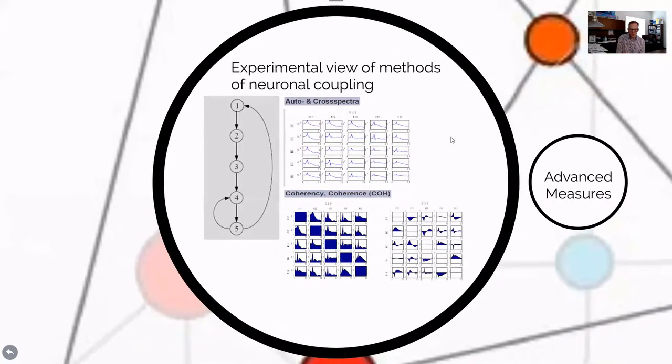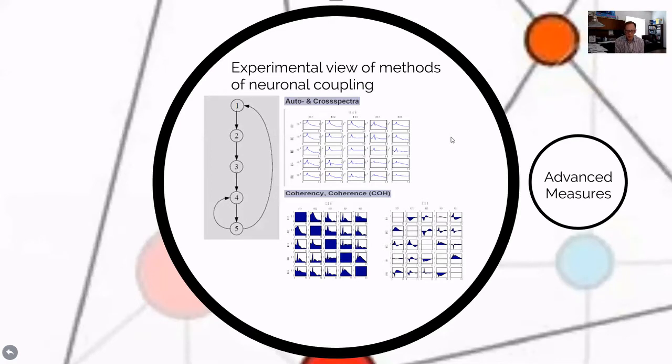To look at another example, this was another experimental manipulation where there were 5 locations of activity, and the connections were known from 1 to 2, 2 to 3, 3 to 4, 4 to 5, back from 5 to 1, and back from 5 to 4. And then these data were looked at in multiple ways of looking at coherence and similarity.